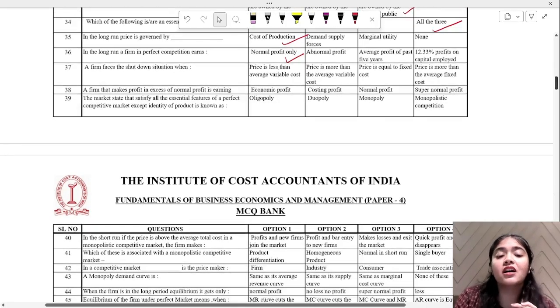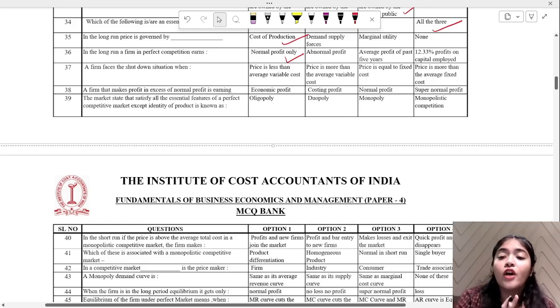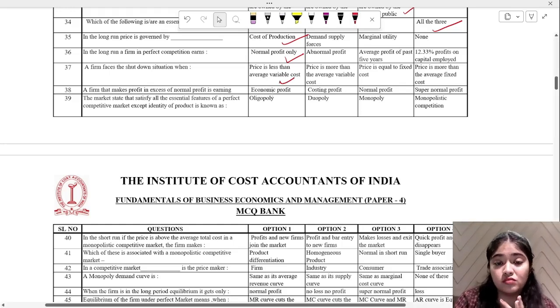A firm faces the shutdown situation when price is less than average variable cost, price is more than average variable cost, price is equal to fixed cost, or price is more than the average fixed cost. Yes, correct. Price is less than average variable cost. You are not able to recover that much also. Right?